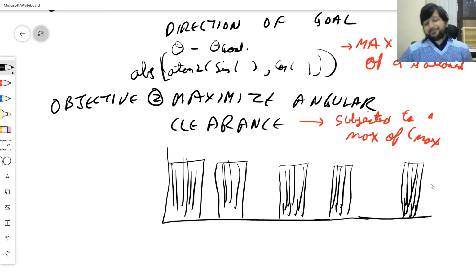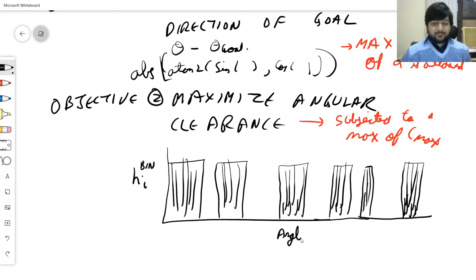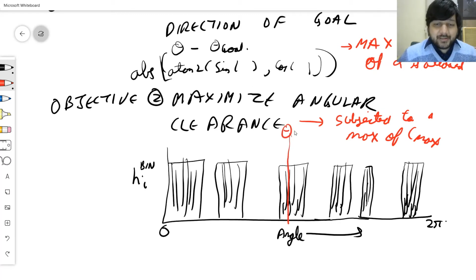Okay, so that is what is my, let me put another one. Polar obstacle density, so 0 or 1. So this is HI binarized, and this is the angle from 0 to 2 pi. And let me arbitrarily mark anything as the goal. So I say that is theta g, and I say this is alpha.